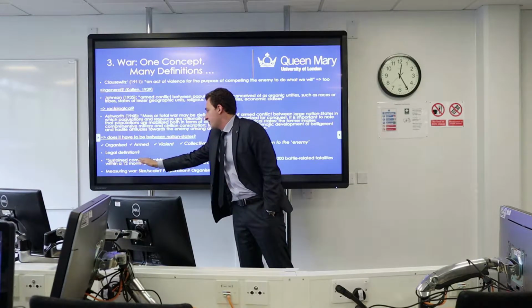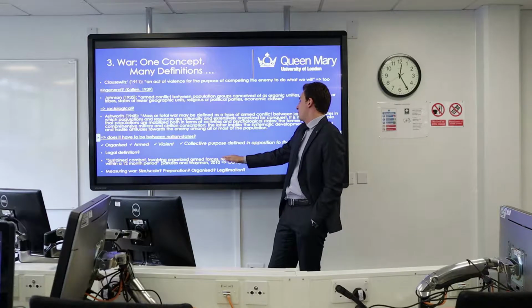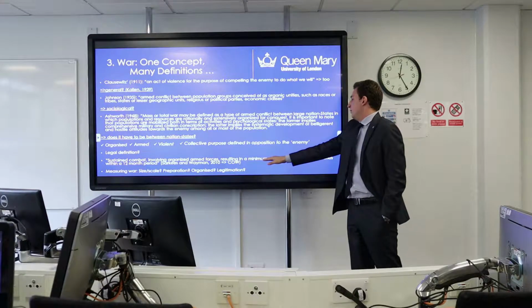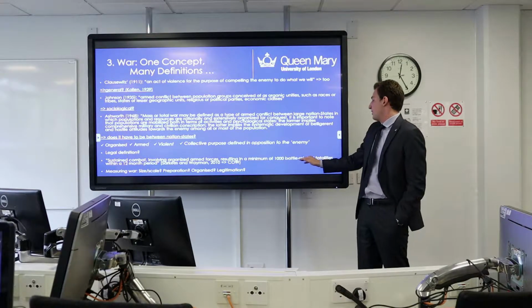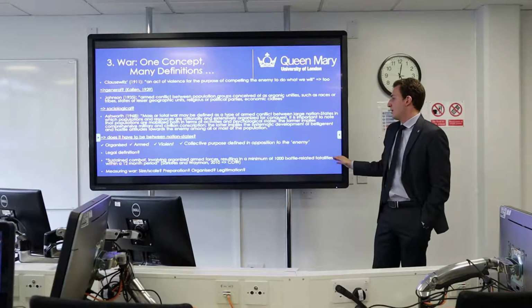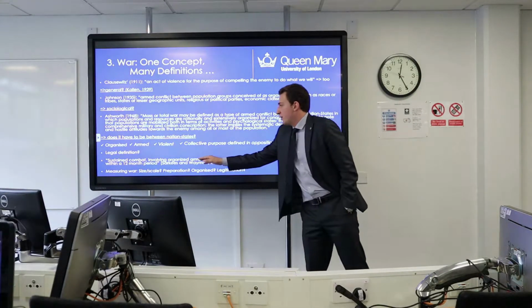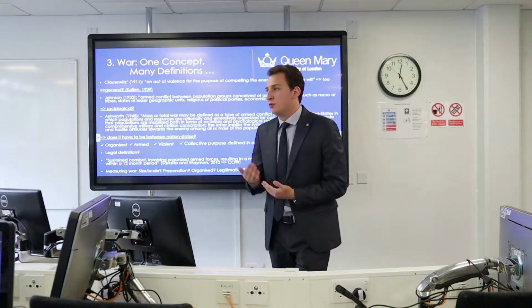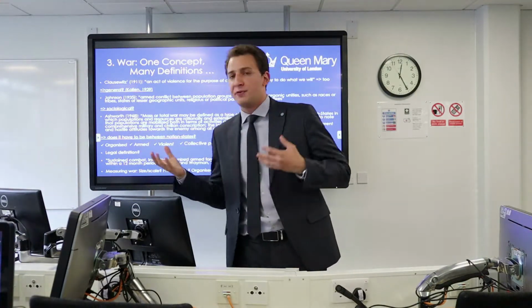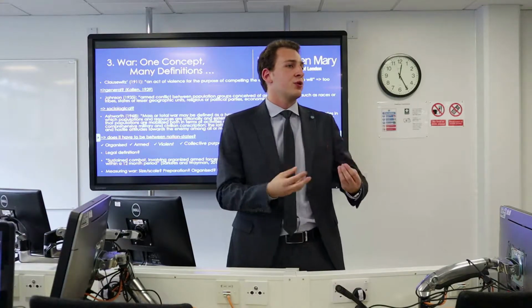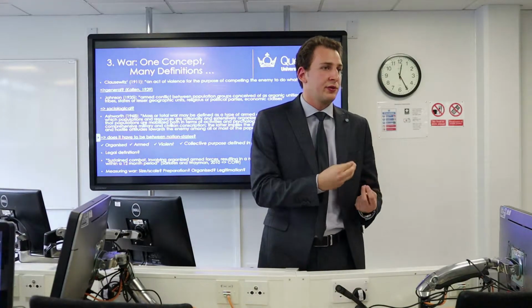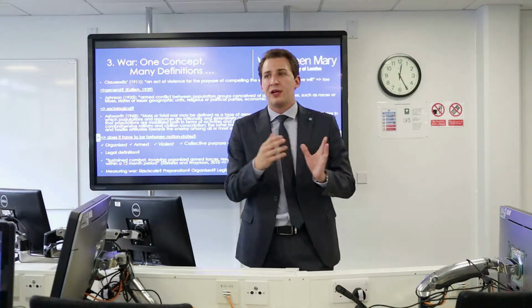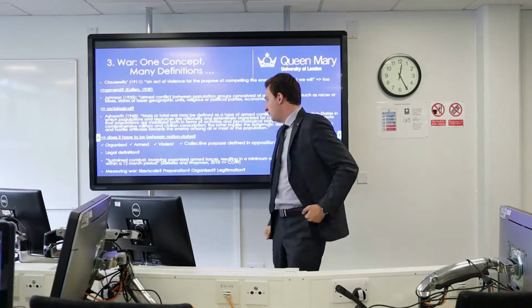Defines war as sustained combat involving organized armed forces, resulting in a minimum of 1,000 battle-related fatalities, so a minimum of 1,000 deaths within a 12-month period. So why is this definition so time-specific and so specific to numbers? Well, because it's meant for a research project. Okay, so that allows the researcher to define their scope in some way.